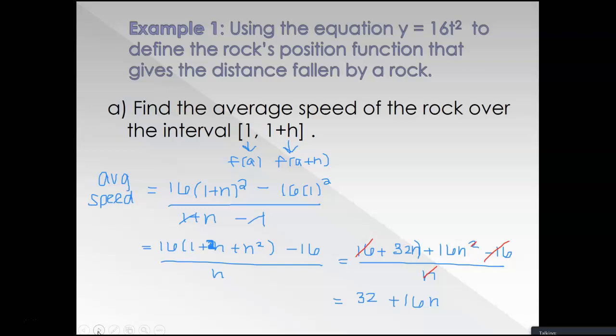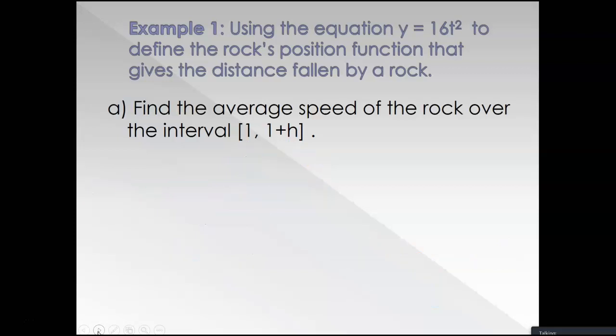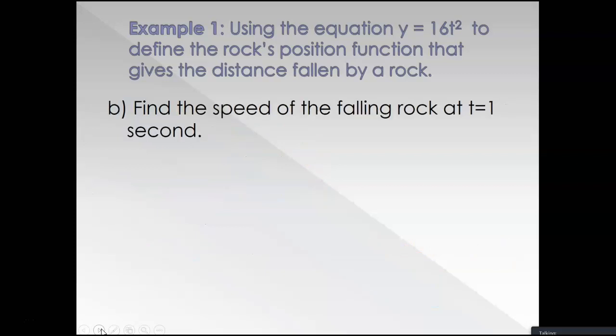So if I know the average speed is 32 plus 16h, then the instantaneous speed at 1 is the limit as h approaches 0 of the average speed, or that it's 32.